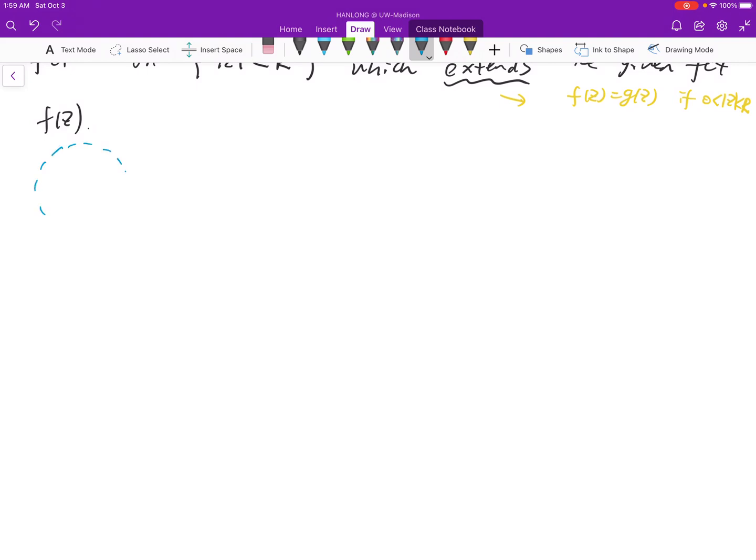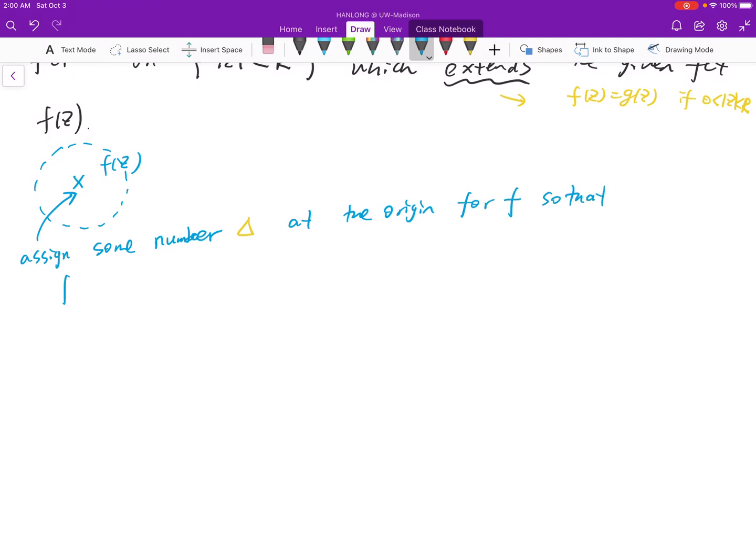So more intuitively, that means you can assign some value, for example delta, at the origin for f, so that f is holomorphic on the whole disk.